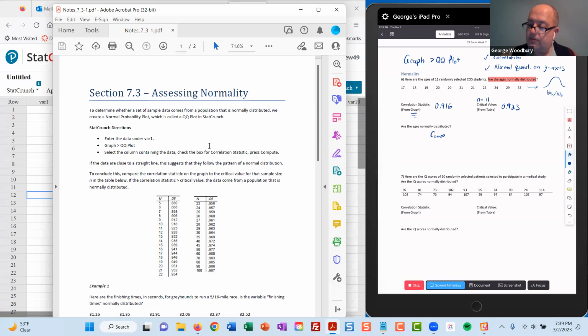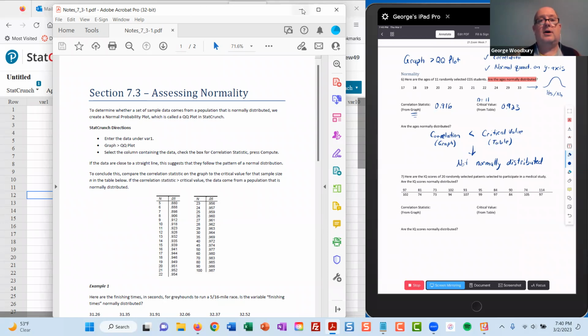If the correlation, and again, that's from the graph, is below the critical value, which is from the table, that means that the data are not normally distributed. They do not follow the bell curve. So the correlation statistic had to be above 0.923 to be convincing evidence that the data follow a bell curve.